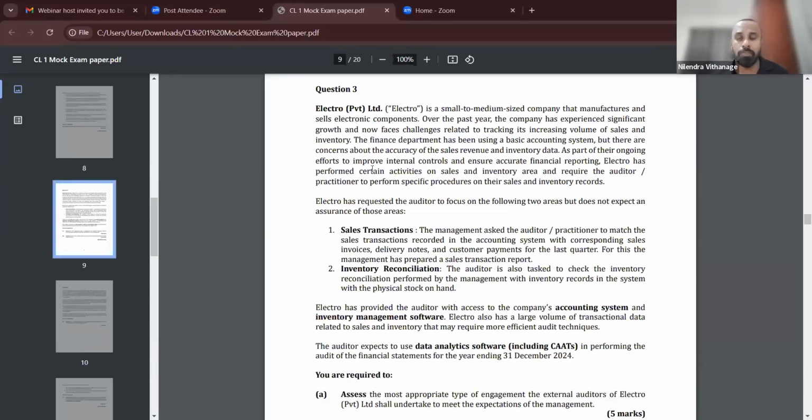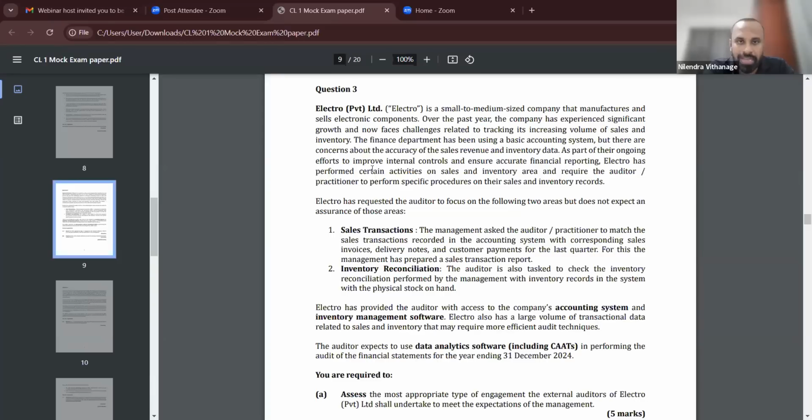See, Electro Private Limited, again a private limited, not a listed company. Electro is a small to medium-sized company that manufactures and sells electronic components. Over the past year, the company has experienced significant growth and now faces challenges related to tracking its increased volume of sales and inventory. The finance department has been using a basic accounting system, but there are concerns about the accuracy of the sales revenue and inventory data.